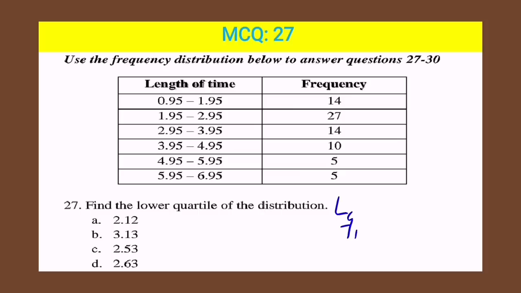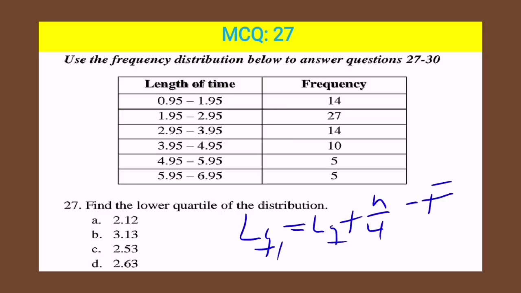Q1 should always go to LQ plus N over 4 minus the cumulative frequency before the quartile class, all multiplied by C, that's the class width.